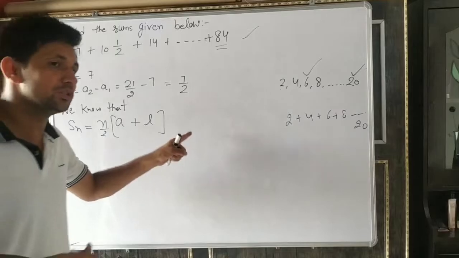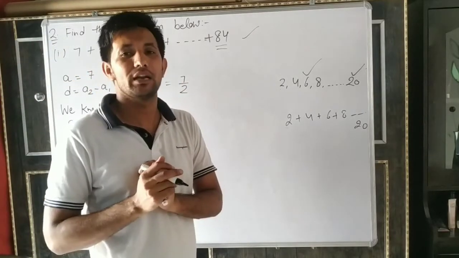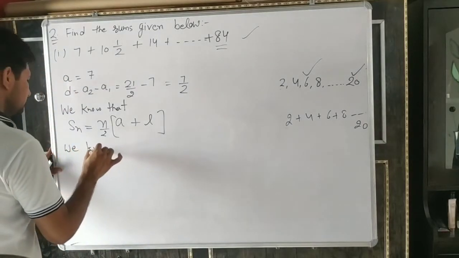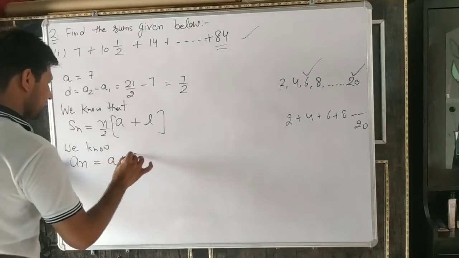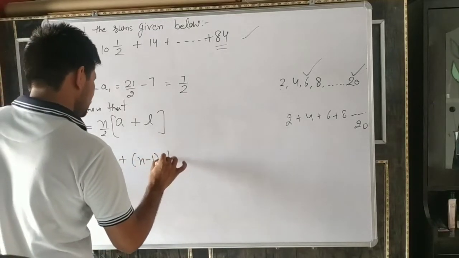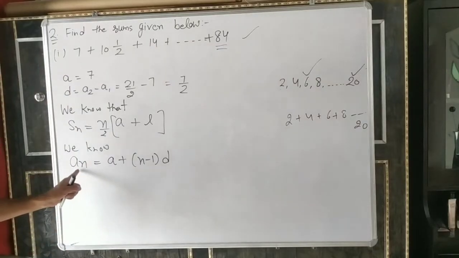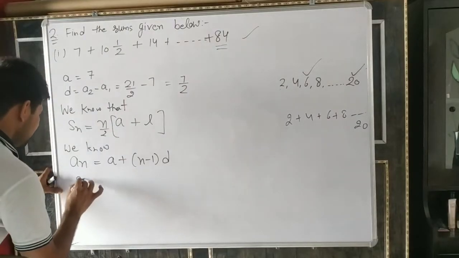So how can we find the n value? Now we will use the formula of exercise 5.2 in this exercise also. Understand? So we will write, we know an equal to a plus (n minus 1) into d, the nth term formula. Everyone knows an means l, l is the last term. What is 84? an is 84.